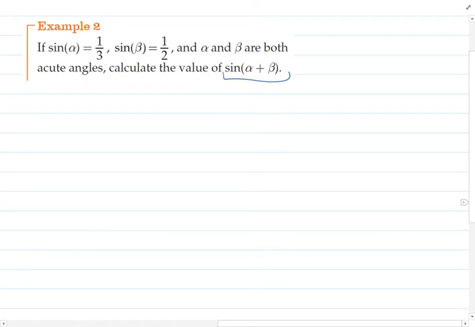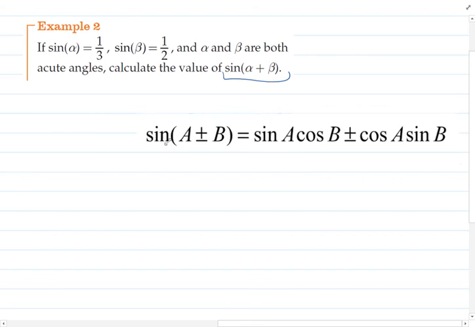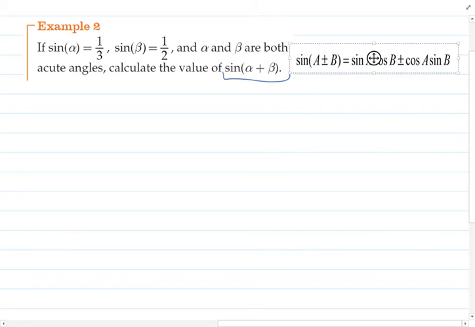Let's paste that in, make it a bit smaller, and bring it up here.